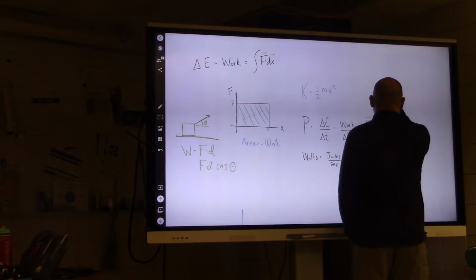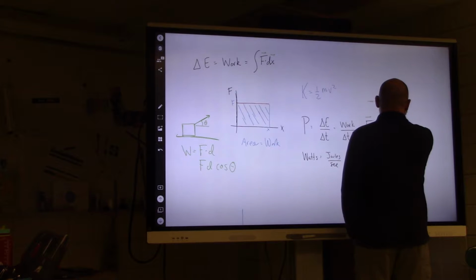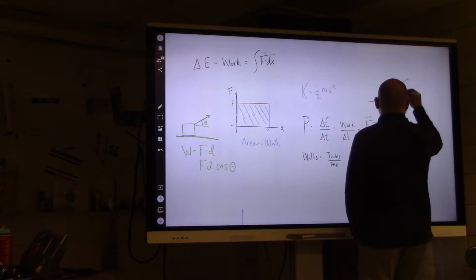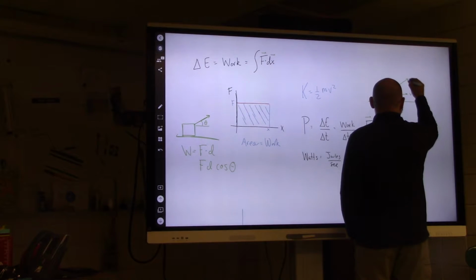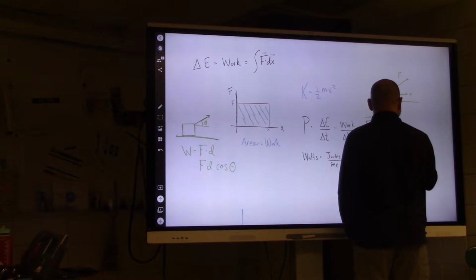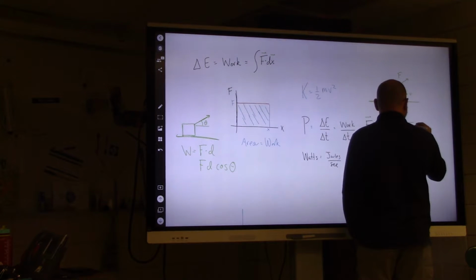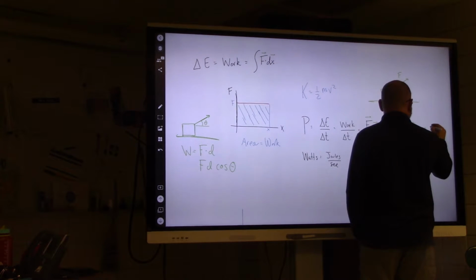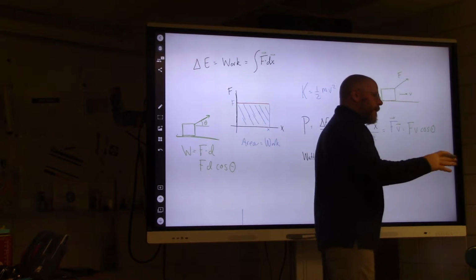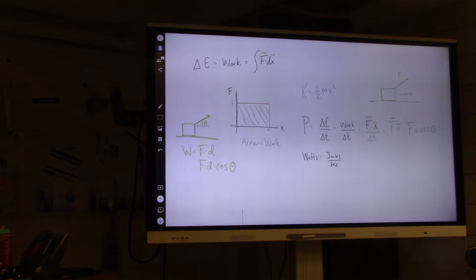If your force is in this direction, but your velocity is in this direction, you'd have to use some sort of Fv cosine theta. But it has that on there. There's a reference there. It says, look, you see the giant dot in the integral, right? That giant dot is saying, don't forget you need to use the dot product because they're not in the same direction.